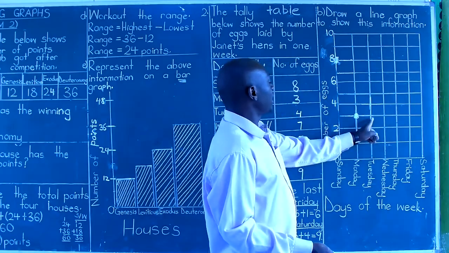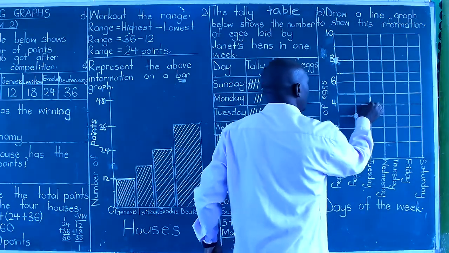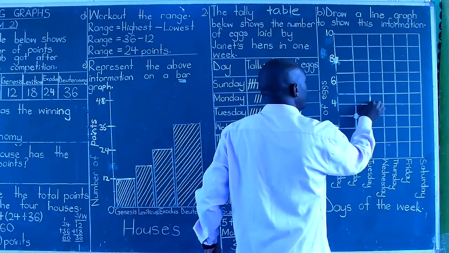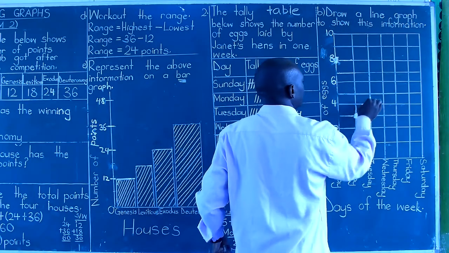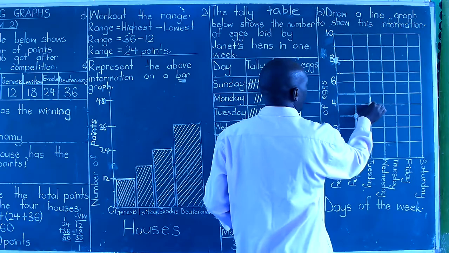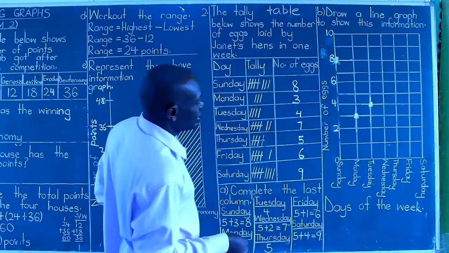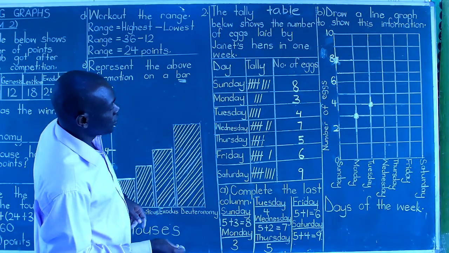Follow that line. It's a line graph. 1, 2, 3, 4 eggs were laid that day. I had gone to the star, but I chose to use a dot. Use that dot properly, and that is the number. 4 eggs were laid on Tuesday.